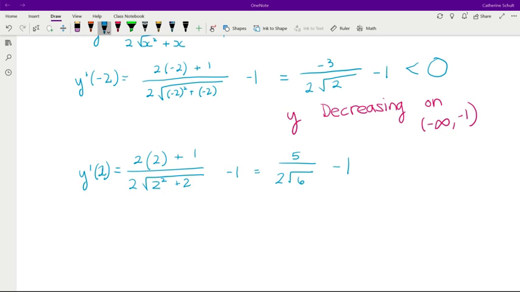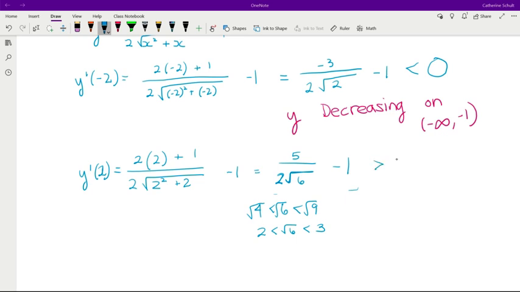Well, this is a little interesting. We could definitely use our calculator to figure out if this is positive or negative, and I think we would have to. At best, we can estimate root 6. Remember this trick, how we look between two perfect squares? Now we know root 6 is between 2 and 3. And that's a tricky one, because if it's closer to 2, then that's like 4-ish, so 5 over 4-ish is more than 1.